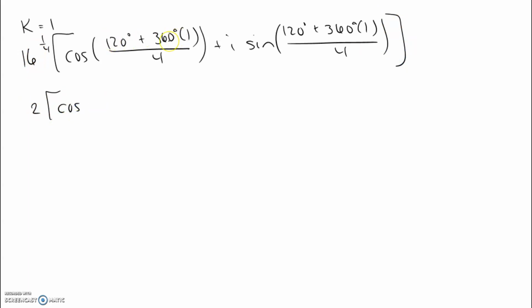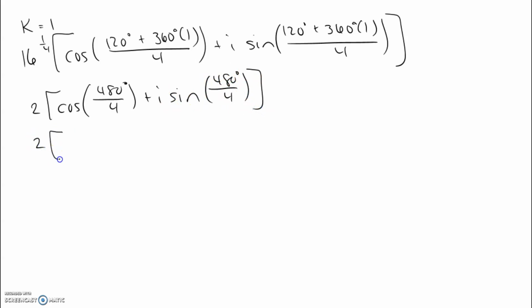Okay, 120 plus 360, that's going to give me 480. Divide by 4, plus i sine of the same thing, 480 over 4. So this will be 2 cosine of, okay, 480 divided by 4, that is 120, plus i sine of 120.